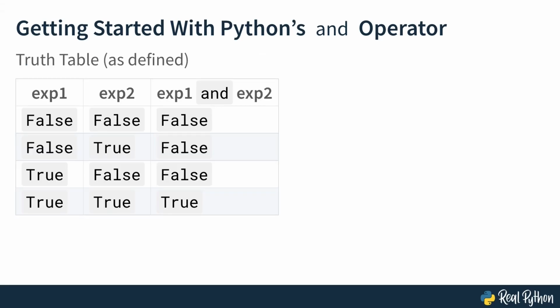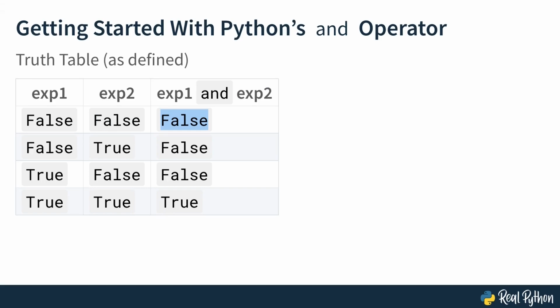This table, called a truth table, shows the behavior of the AND operator. Basically, if both operands evaluate to true, then the AND of those expressions is true. In all other cases, the result of the AND operation is false. So if you're taking the AND of two expressions, exp1 and exp2, if both are false, the AND of them is false.